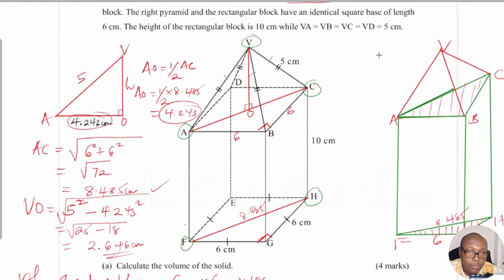So that one is a rectangle. You can see this length FH is the length, which is 8.485, which is similar to AC.